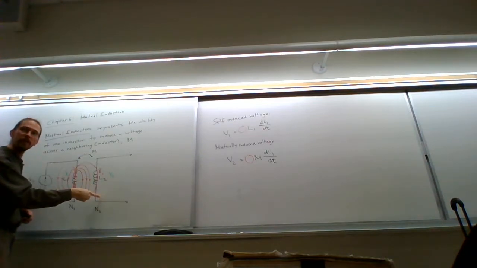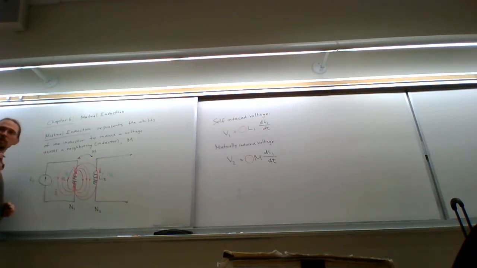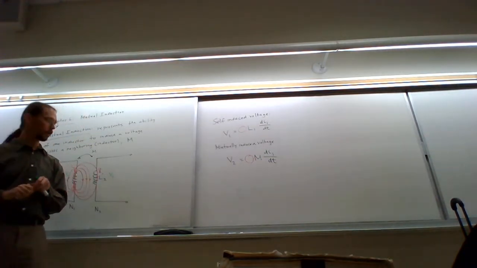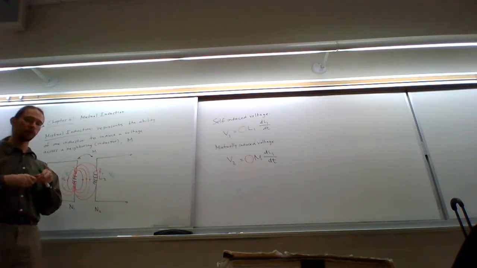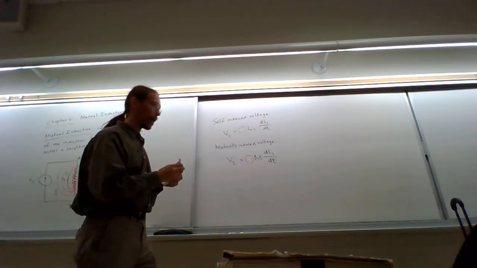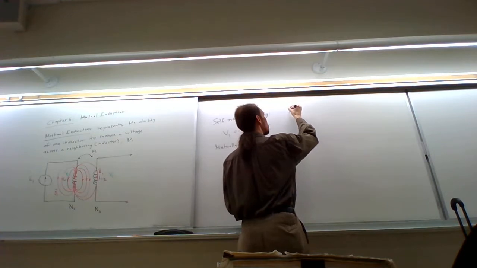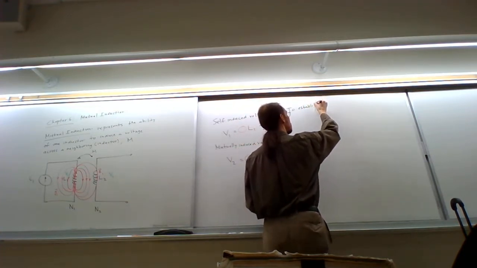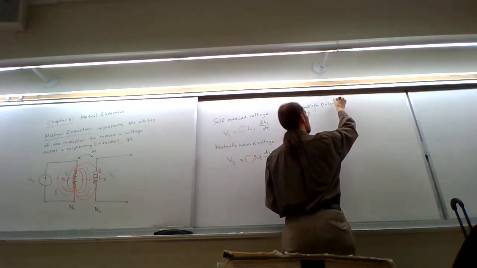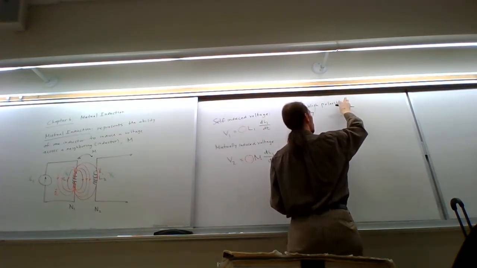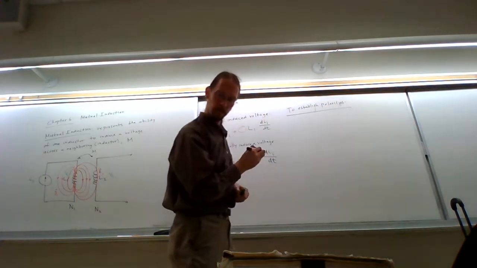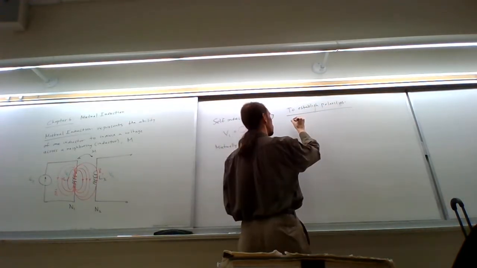So we need to specify both the magnitude as well as the voltage polarity. And the way we're actually going to do that is we're going to appeal to two things. So to establish the polarities for both the self-induced term as well as the mutually induced term.